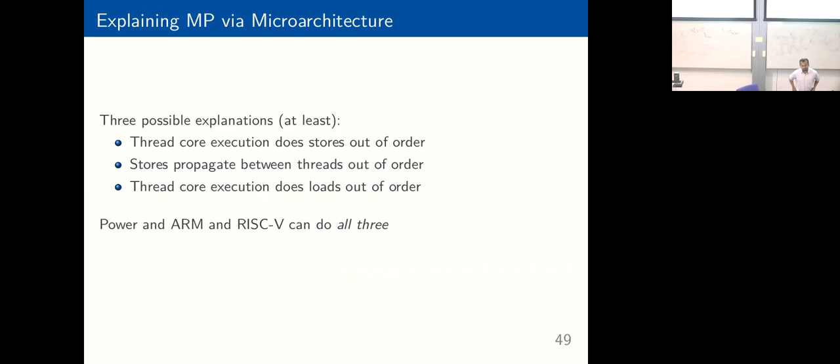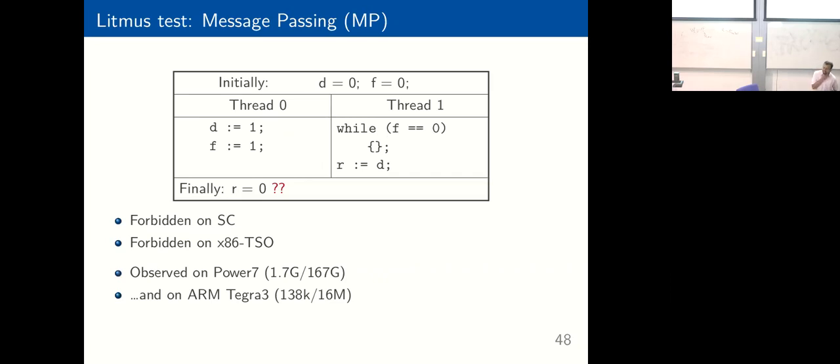So if it was not different variables but the same, would it also happen? Excellent question. If they were all the same, then because these hardware guys have taken coherence as a religion, they would say to themselves, I don't think I want to do that. So current day hardware, they all maintain coherence and they wouldn't do it if they were to the same location. So they pay attention to which location you're storing at or reading from.